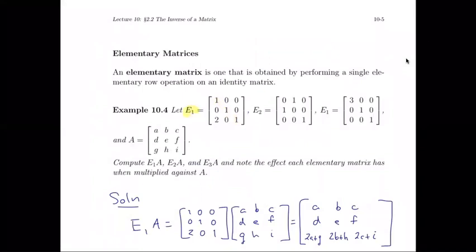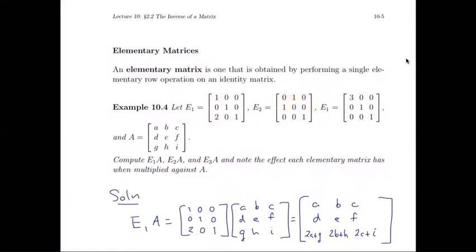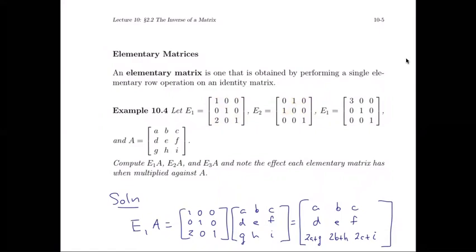So in the case of E1, we've taken 2 times row 1 and added it to row 3. One single row operation converted the identity matrix to E1. Similarly, for E2, we swapped rows 1 and 2 in the identity matrix. And then for E3, we multiplied the first row by 3, again a single row operation on the identity matrix to end up with this. So that's our definition for elementary matrices.